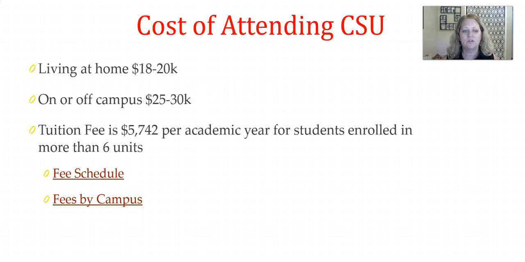For a CSU, the tuition for the year is $5,742 if you're enrolled in 6 units or more. It's a little bit different than the community college, where it's a per unit fee. With the CSU, that would be your tuition, and then they have fees that are attached onto that.